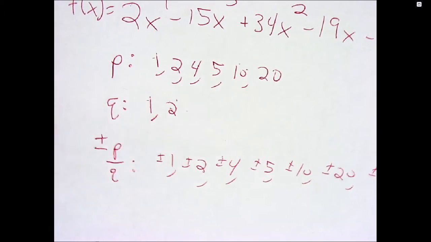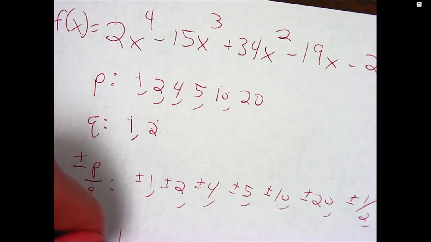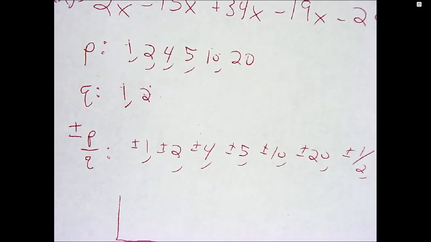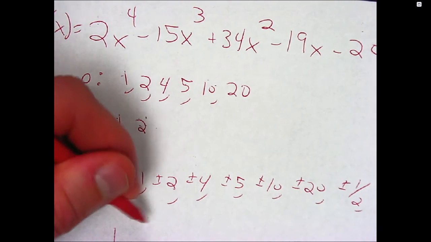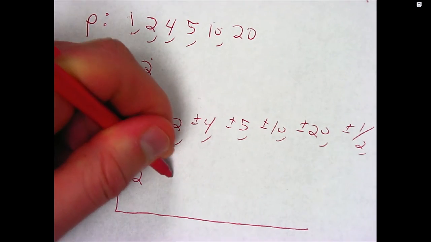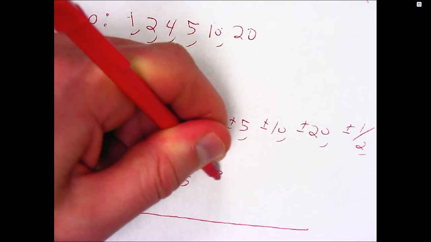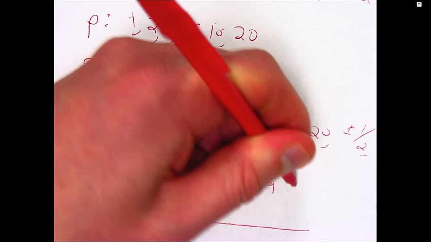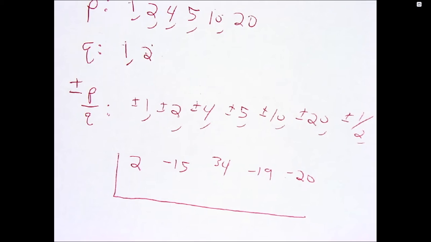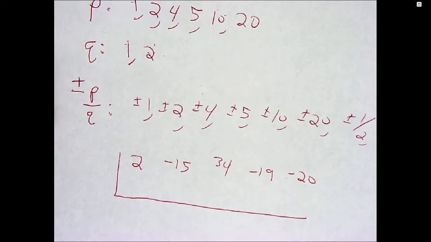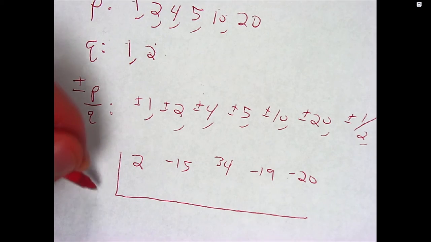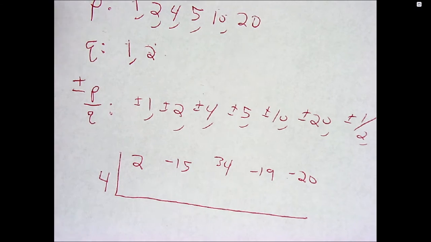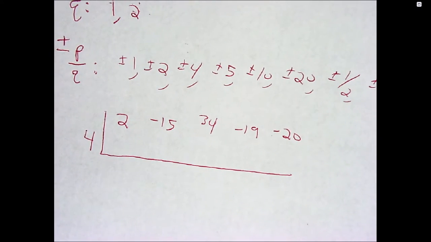The way I'm going to check those now is with synthetic division. I'm going to take my coefficients: 2, -15, +34, -19, and -20. I think that 4 is a solution, and so x minus 4 would be the factor. So I put the potential solution out here in front, 4.